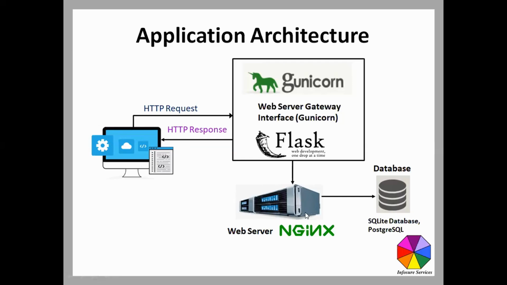And the reverse proxy is like, once the request comes in, it routes to the appropriate server. So the reverse proxy, Nginx, what it does here is it will interface with more than one correct server.